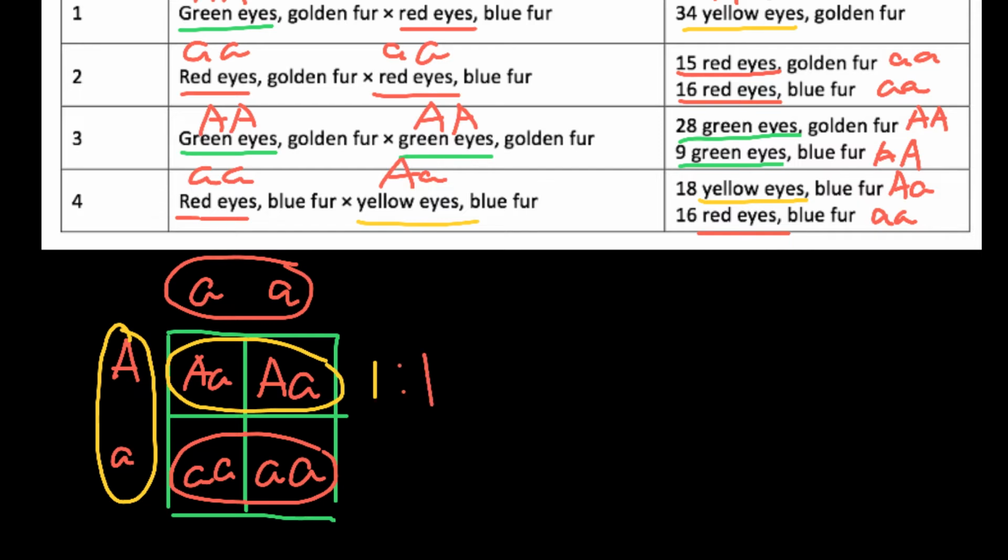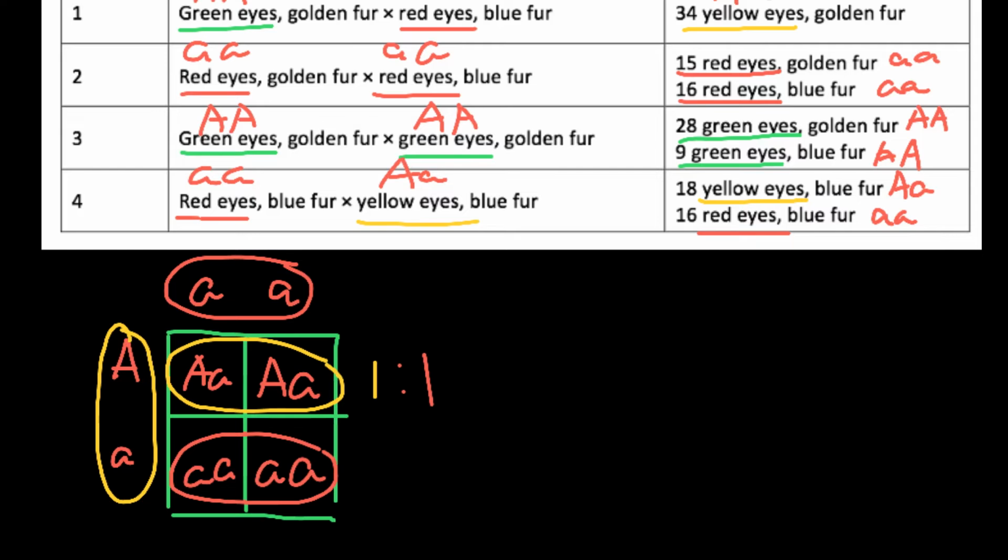And this is exactly what we see here. We cross a red-eyed parent with a yellow-eyed parent, and 50% has yellow eyes and 50% has red eyes. And here are the genotypes.